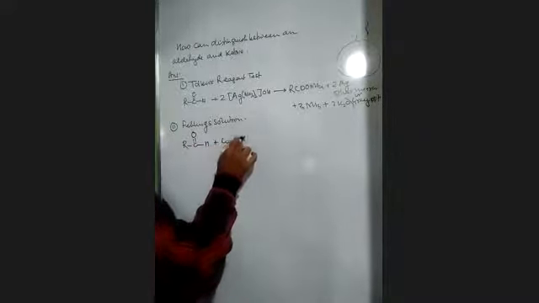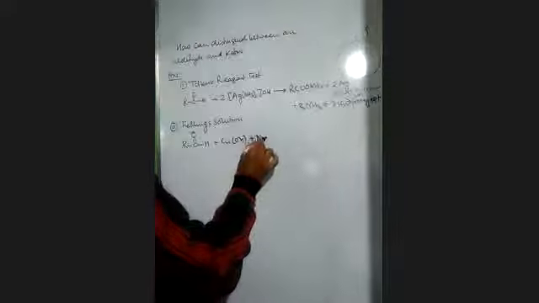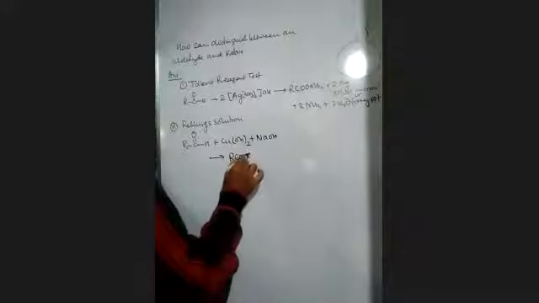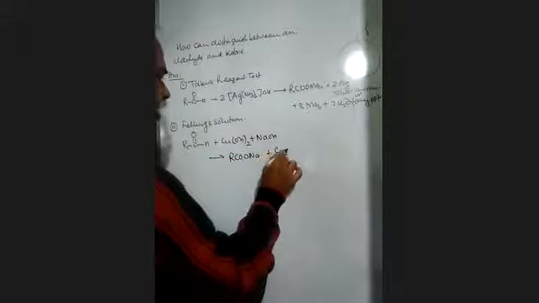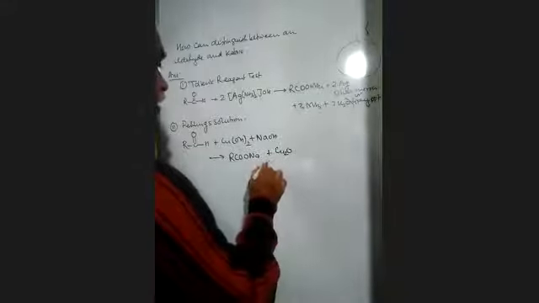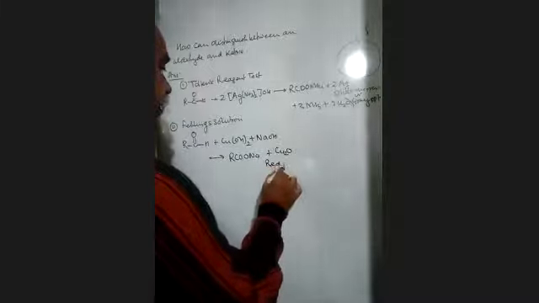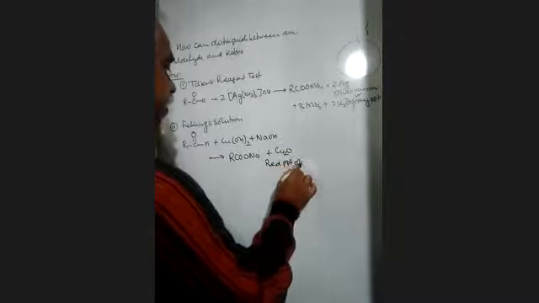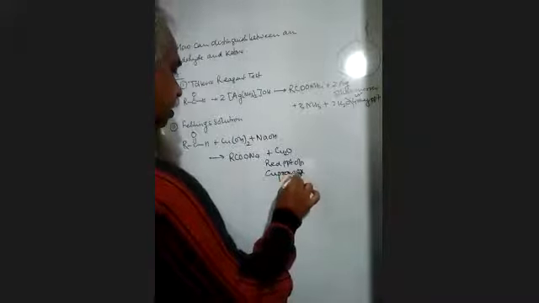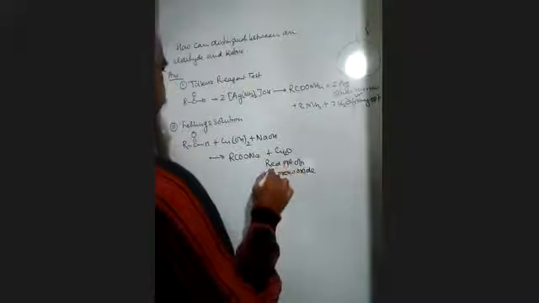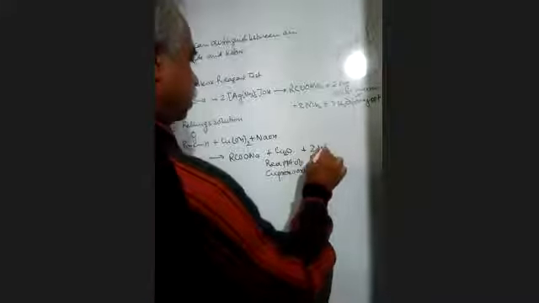Cupric hydroxide and sodium hydroxide. It will oxidize the aldehyde to carboxylic acid and you get a red precipitate of cuprous oxide. And you'll get here 2 H2O.